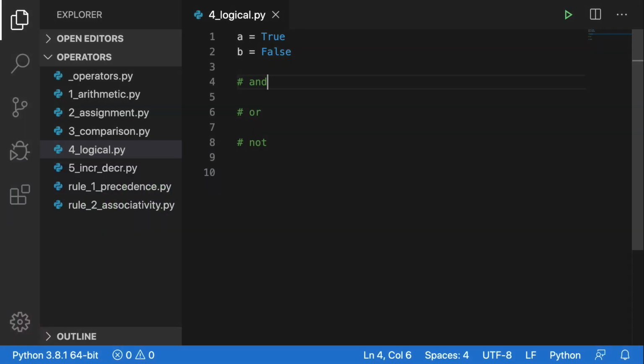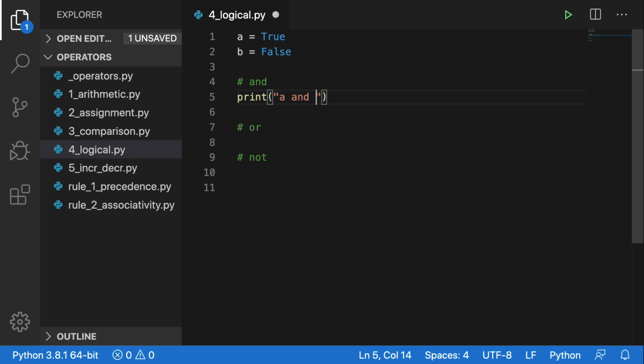Logical operators are AND, OR, and NOT. We have two variables, A is true and B is false. Check out the first logical operator, which is AND. With the AND operator, it returns true if both operands are true.